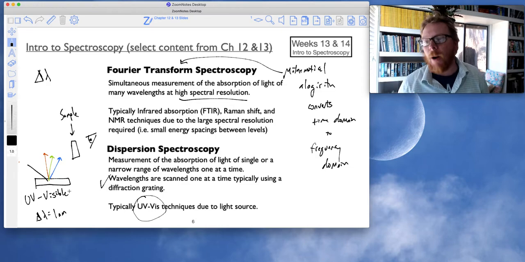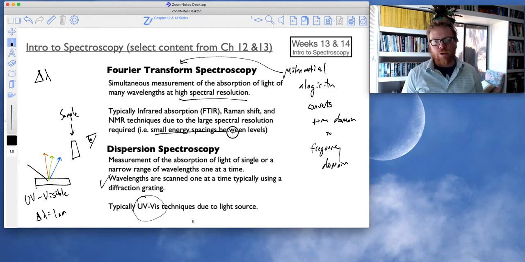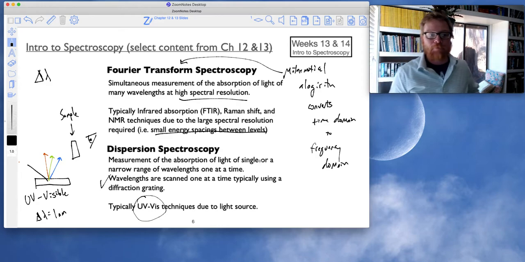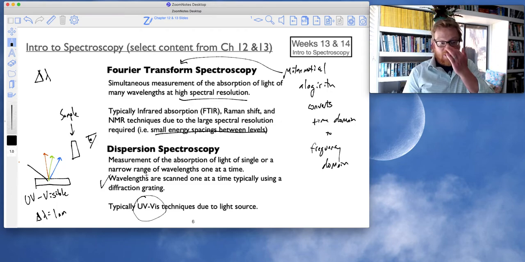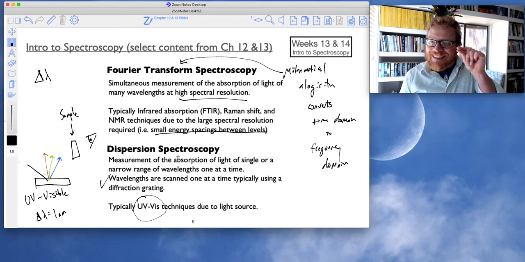It's way too big to be useful for the very small energy spacings between levels that we need for the infrared or even the microwave technique or even the NMR technique. All of those techniques have insanely small energy level spacings.